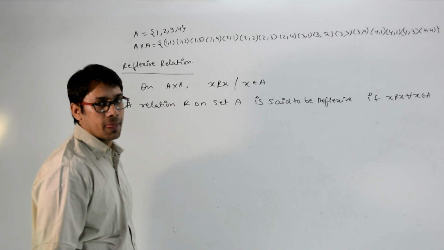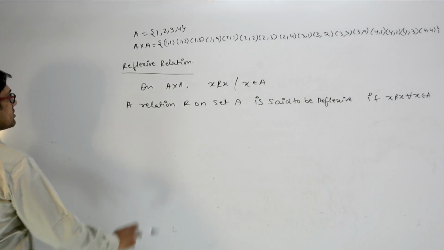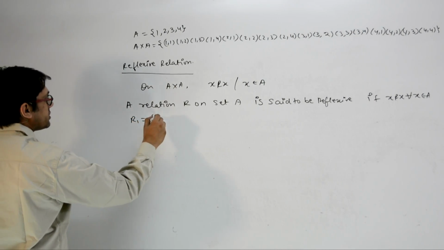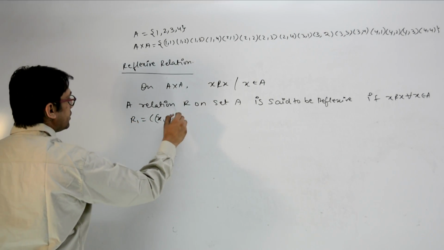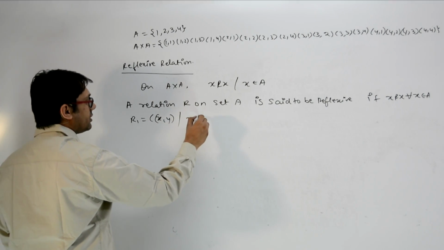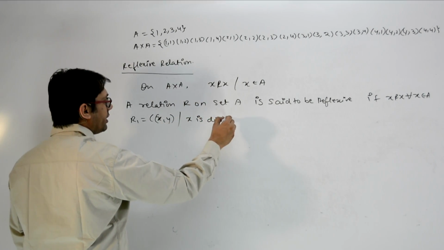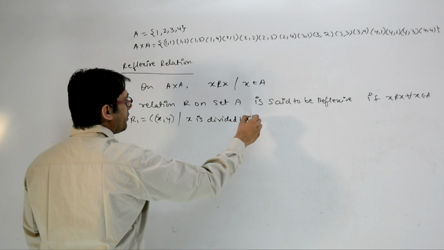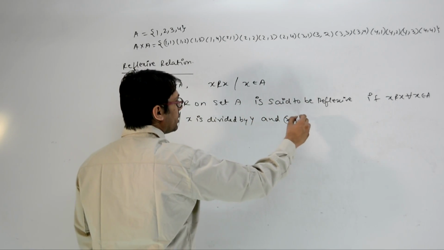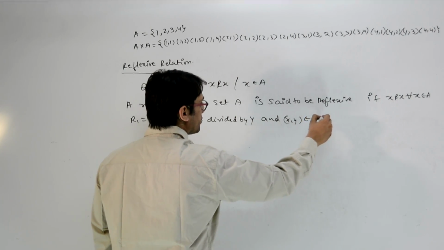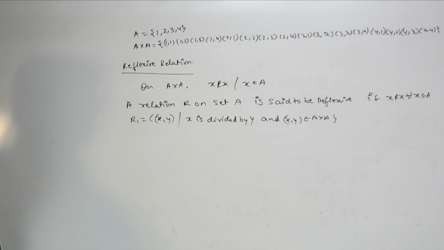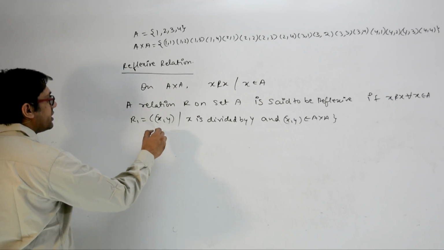What does it mean? For example, over A cross A, we define a relation R1 which is (x, y) such that x divides y, and (x, y) belongs to A cross A. So what are the elements this relation is going to have?